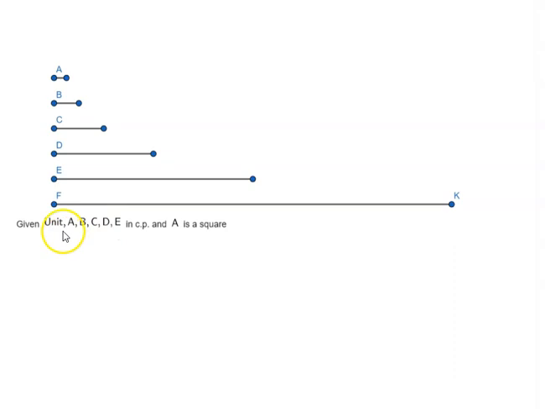Now, we are given unit, A, B, C, D, E in continued proportion. And A is a square because A is the number after the unit. In this illustration, the unit is not shown, so A is the second number, B is the third number, and so on.